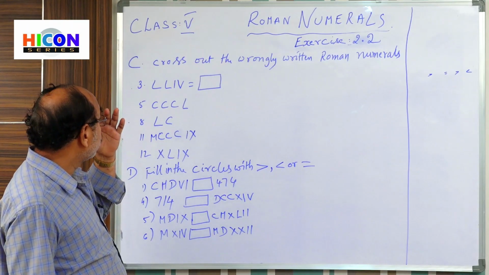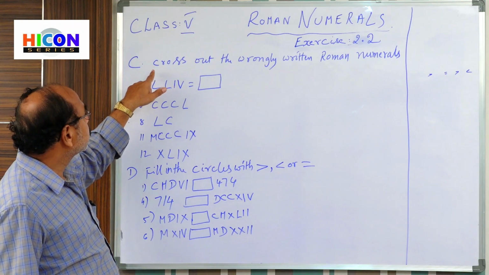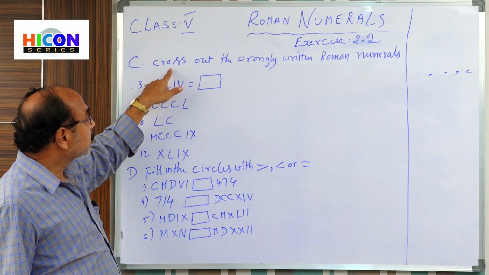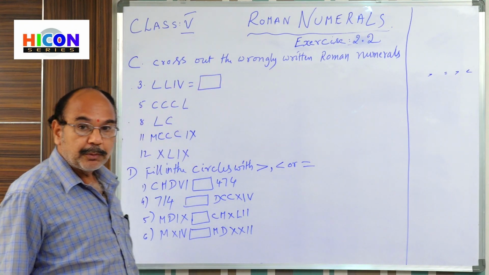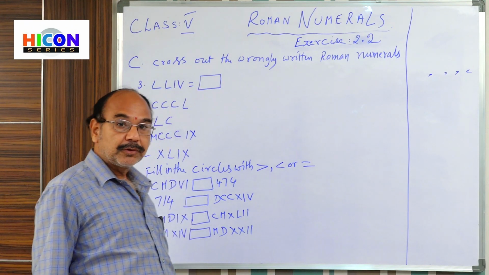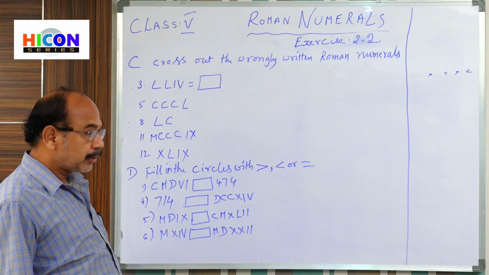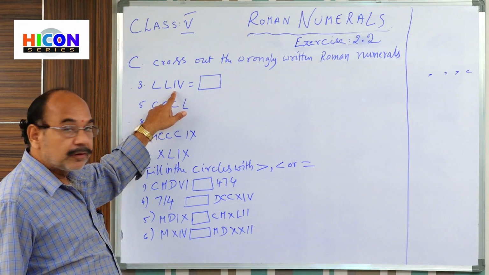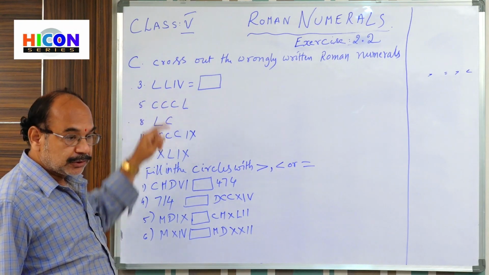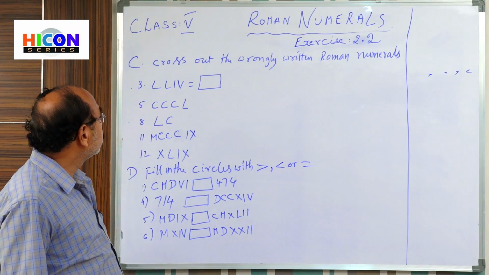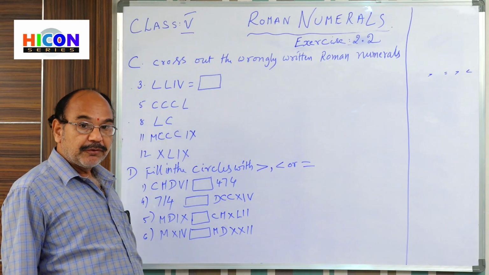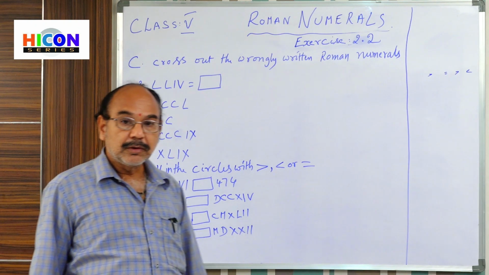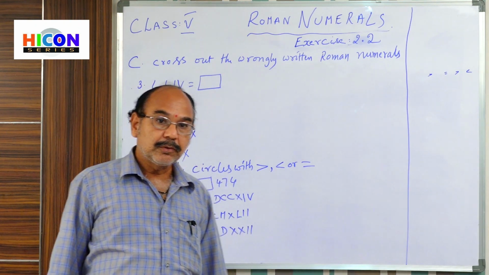See, in this exercise, Roman number C. What is it asking? Cross out the wrongly written Roman numbers. LLIV: we should not write like this, because the repetition of L is not possible.